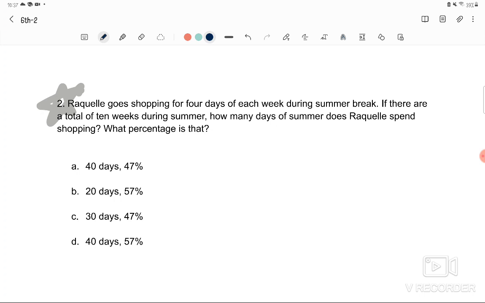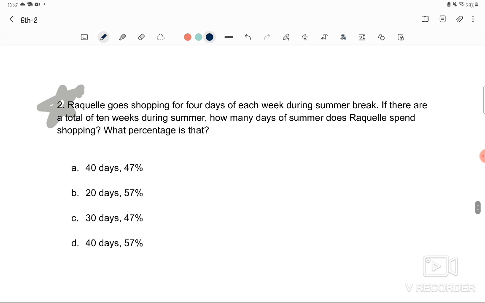If there are a total of 10 weeks during summer, okay, so she goes shopping for 4 days of each week, and the total length of summer break is 10 weeks. So how many days of summer does Raquel spend shopping?